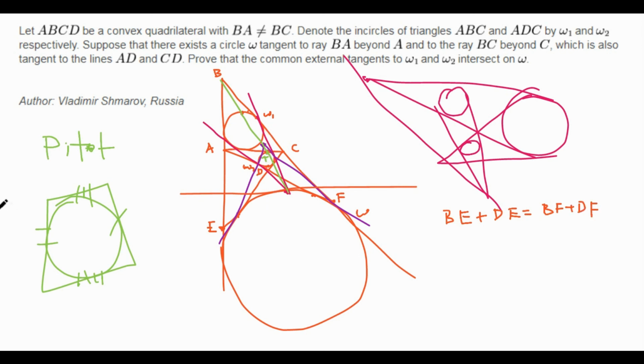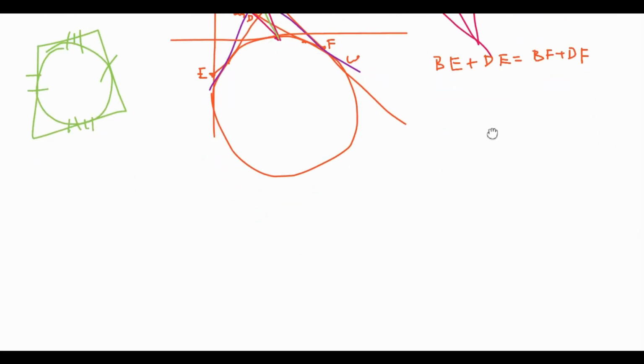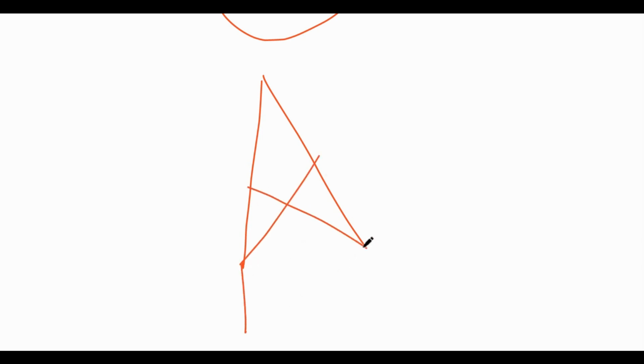And to prove this, let's move down to a simpler diagram for now. So we have these four tangencies, 1, 2, 3, 4. And we want to prove that this thing plus this thing equals this thing plus this thing. So first off, let's mark these different colors.